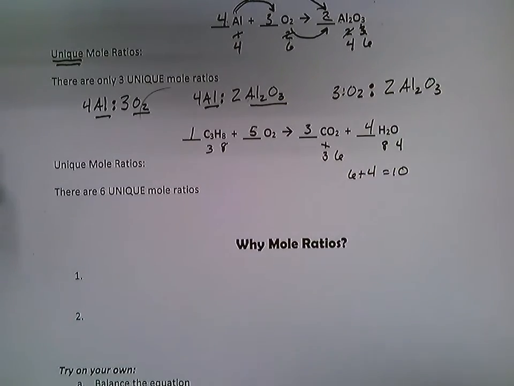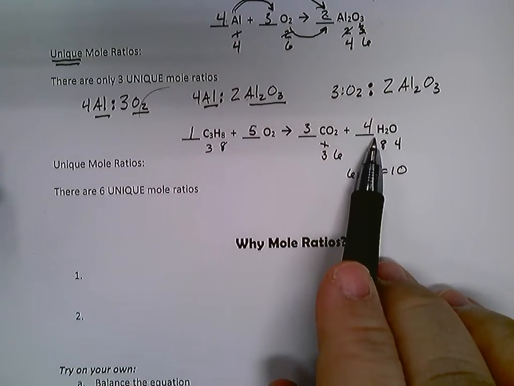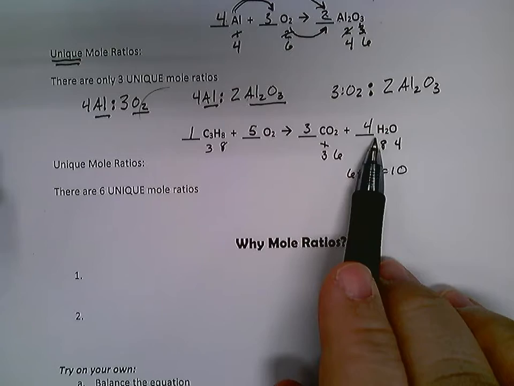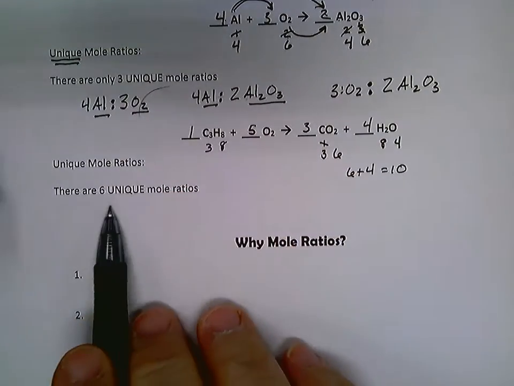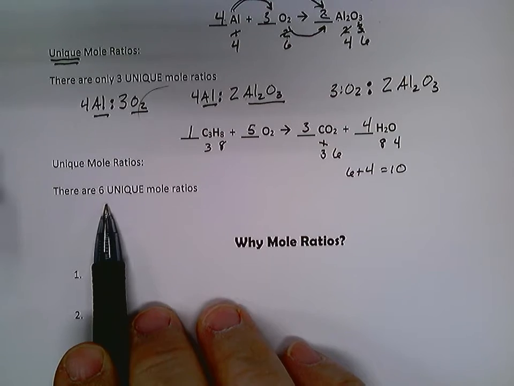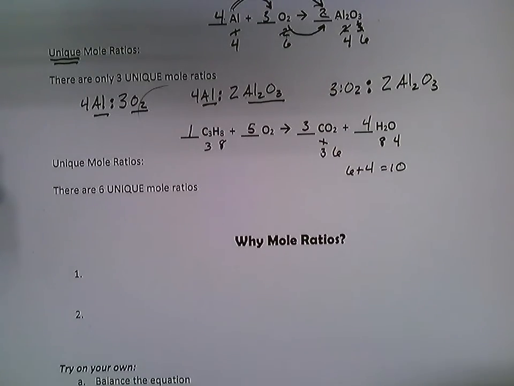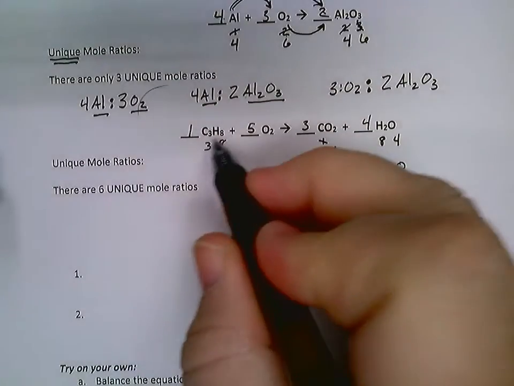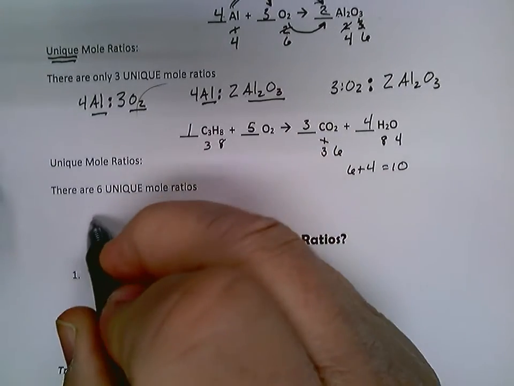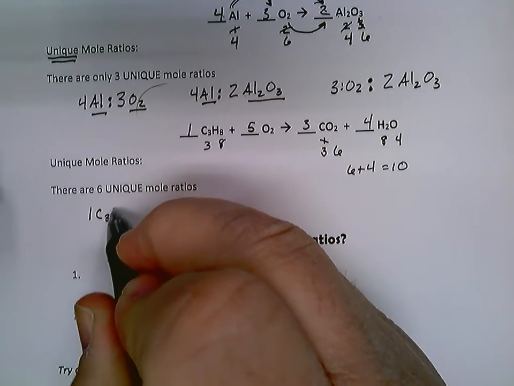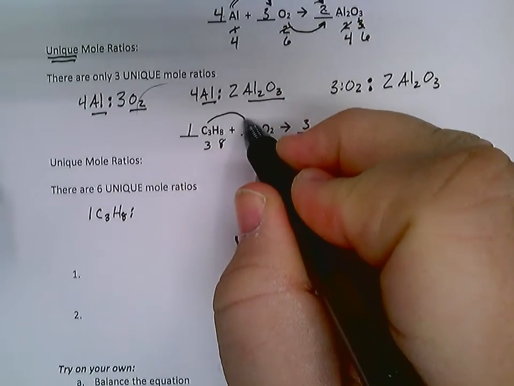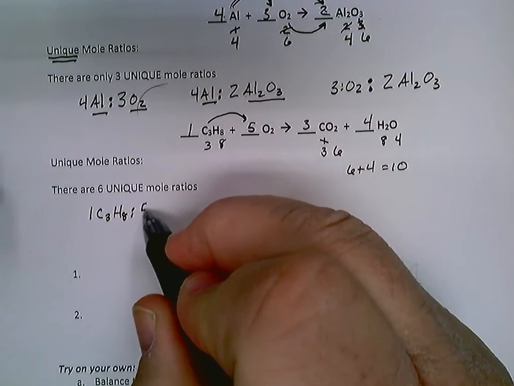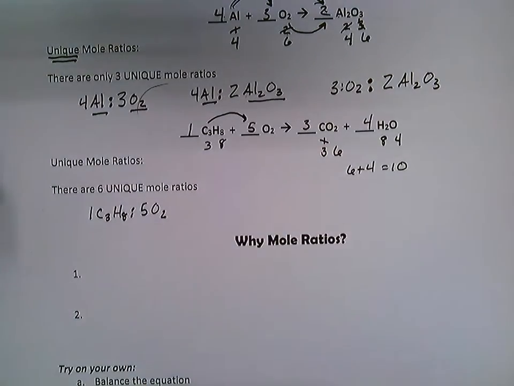All right. Now, the addition of 1 extra compound in the mix means we went from 3 unique mole ratios to a total of 6. We're going to do the same thing we did last time. We'll start off with the propane. So 1C3H8 is to, and we'll go right here next door, 5O2. Okay?